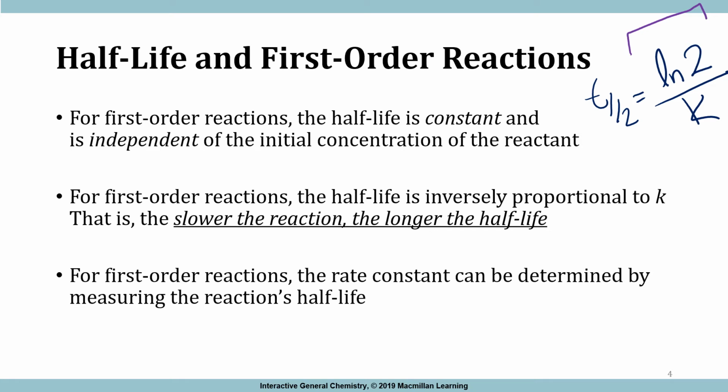So for first order reactions, the half-life is inversely proportional to k. That is, the slower the reaction, the longer the half-life. And for first order reactions, the rate constant can be determined by measuring the reaction's half-life. So we can either solve for k or solve for the half-life with this equation.